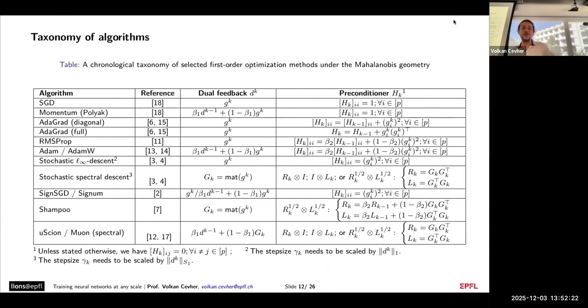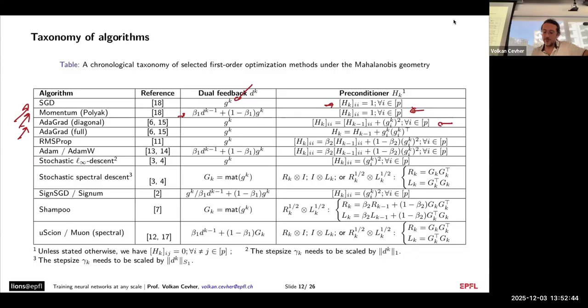All right, so here's a taxonomy of algorithms. SGD, you can think of SGD as the dual feedback as the stochastic gradient, and your preconditioner is just identity. Momentum estimator, you put your momentum estimator, your linear preconditioner is the identity.